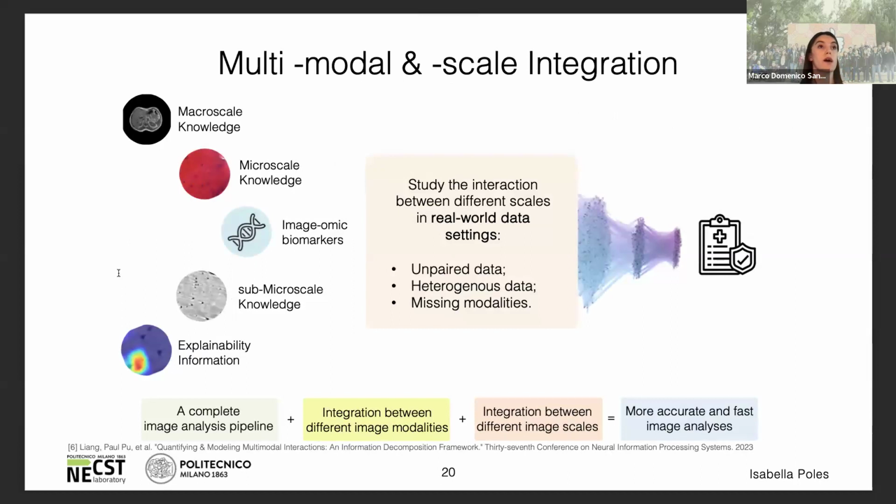In particular, I want to study the interaction between different scales in real world data settings, which means with unpaired data as well as heterogeneous in modality, or when some modalities are missing, to ultimately provide the end user with a complete image analysis pipeline.